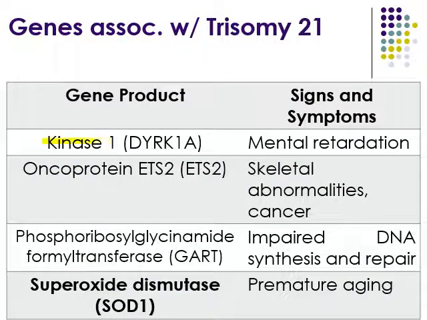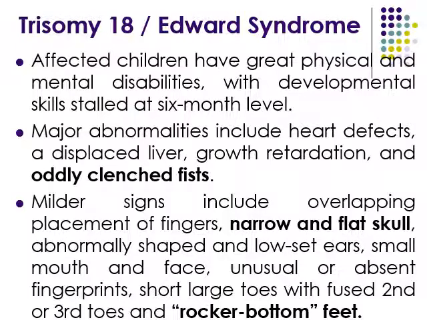Also we have kinase 1 for mental retardation; oncoprotein ETS2, skeletal abnormalities; phosphoribosylglycinamide formyltransferase, impaired DNA synthesis and repair. We also have superoxide dismutase for premature aging.